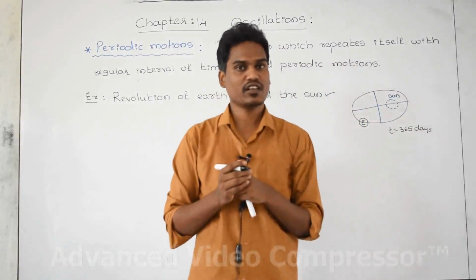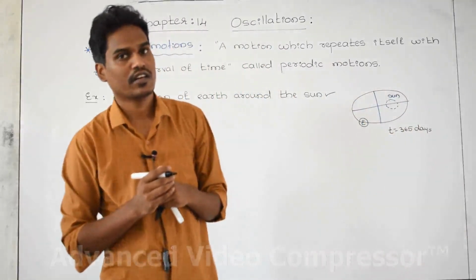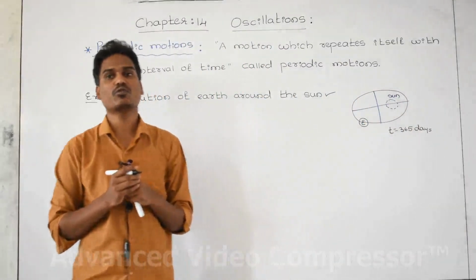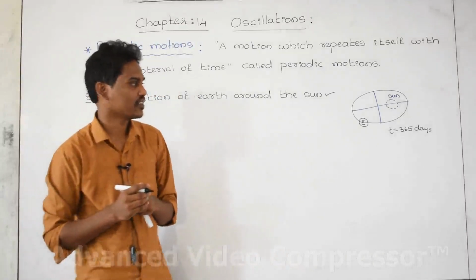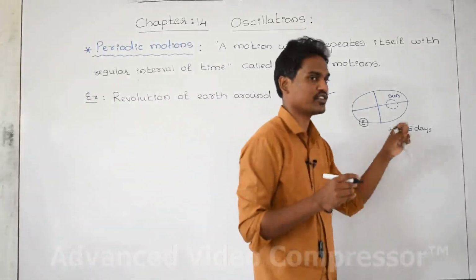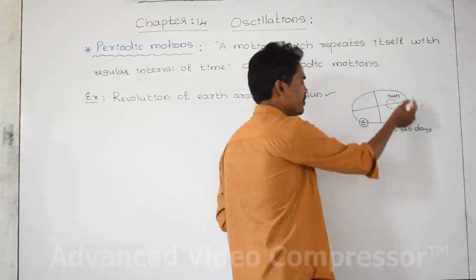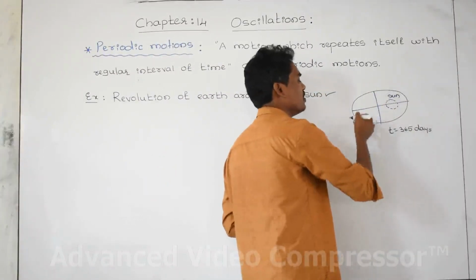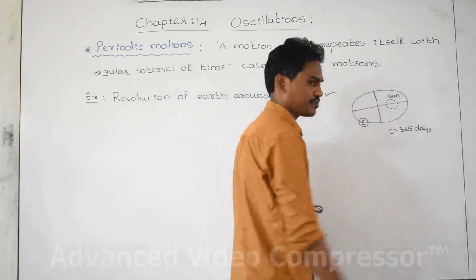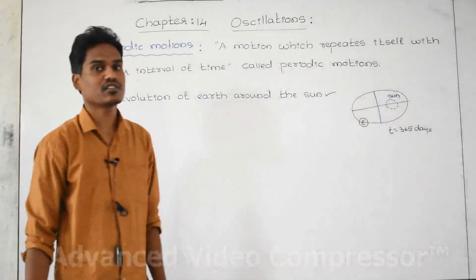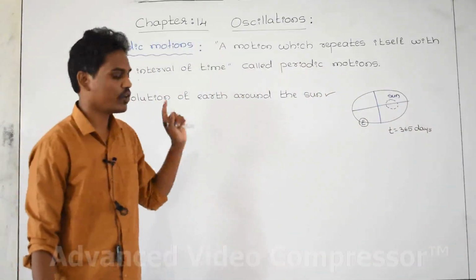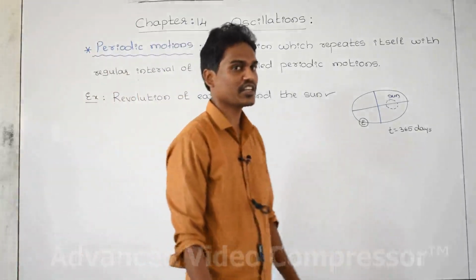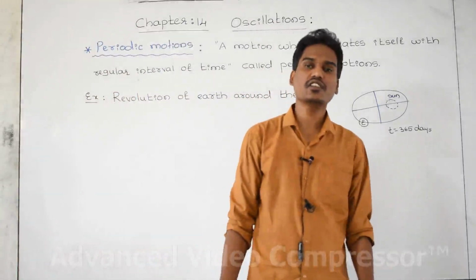The time taken by the earth to revolve around the sun is constant, 365 days. The motion is repeating continuously with constant time. The earth takes constant time for each and every cycle around the sun.